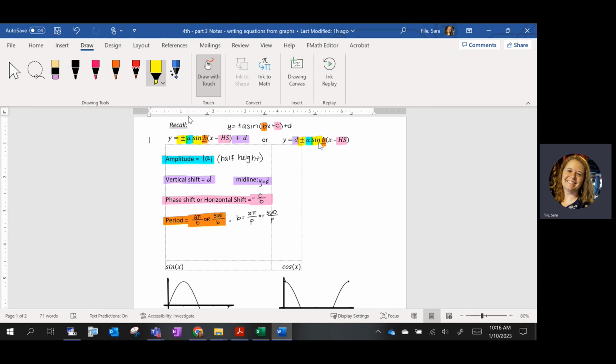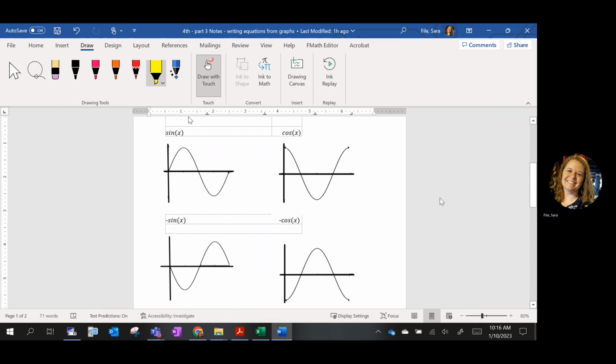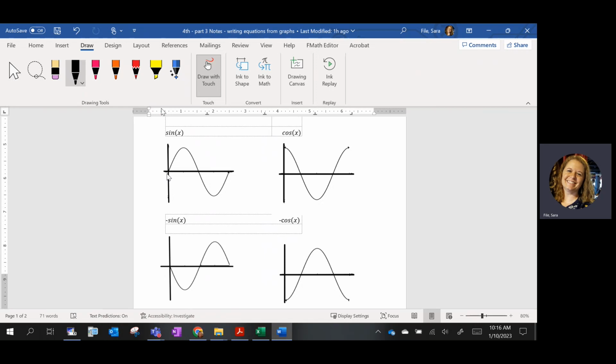It's not always sine. If it's positive though, you're not going to see a plus sign written unless it's in this format with the D first, because then you would have to show the plus. But if there's no plus or minus written here, that would be an understood positive. So what the cycles look like: you have positive sine, which starts on the midline, goes high, midline, low, back to midline.